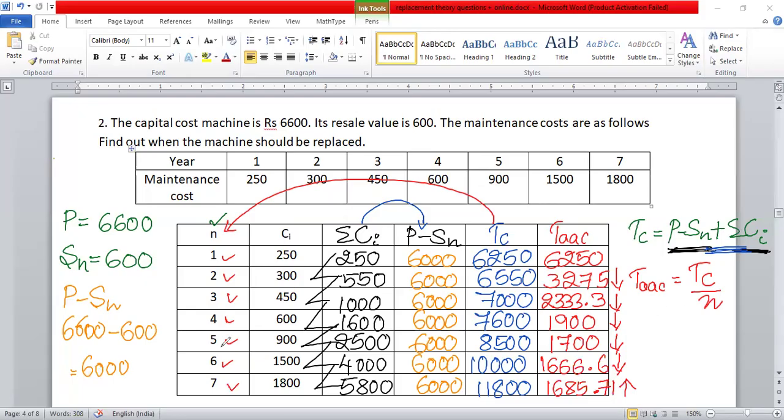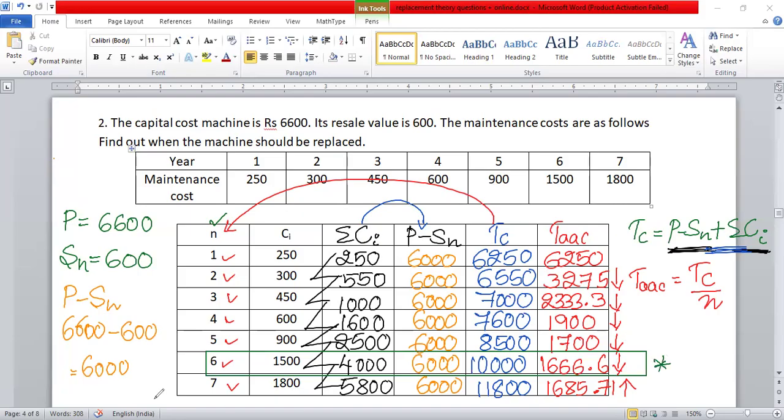So that is most important. Which is the last minimum? That is 1,666. After that, 1,685. Last minimum for the year. So yes, the 6th year is the minimum. Look at that, last minimum value 1,666.6.